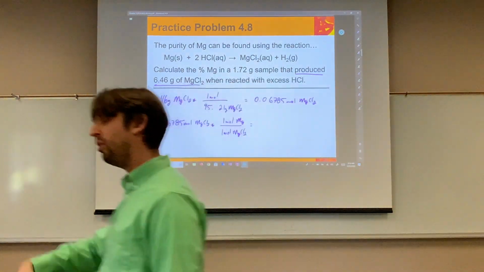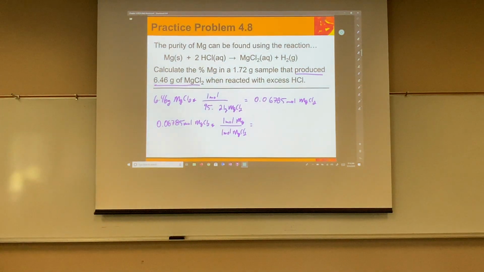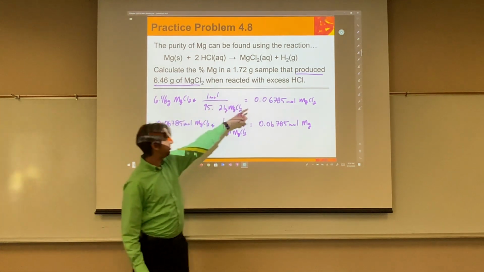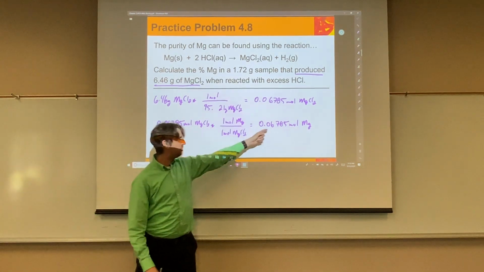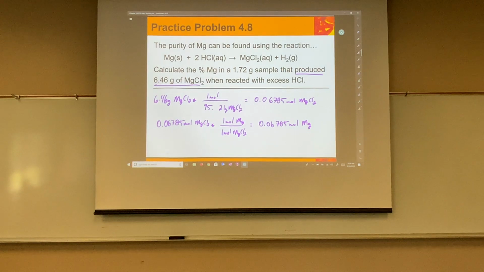This tells us how we're setting up and converting one component into the other. Grams into moles, moles into moles, moles back into grams. Oops, 0.06785.